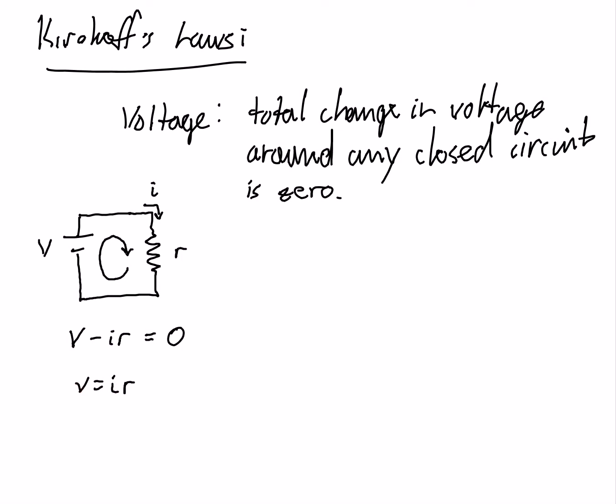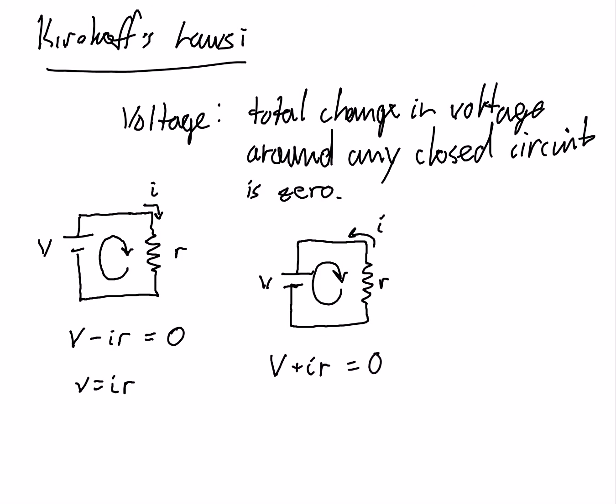Now, as I noted before, the choice of the sign convention for I makes a difference. If I had defined I to be the other way, then now the voltage across the resistor should appear with a plus sign. This is because the sign of I is now against the direction of the looping that we've chosen.